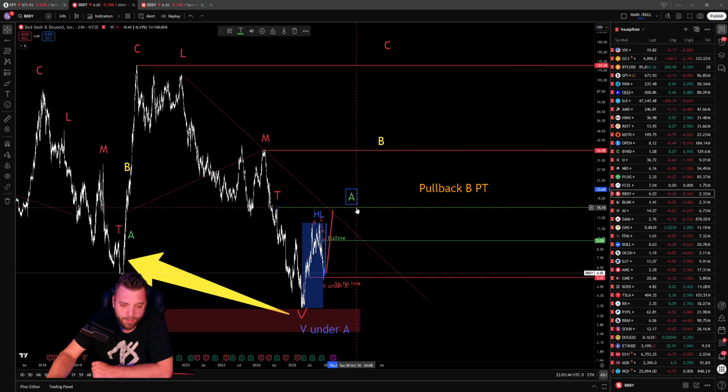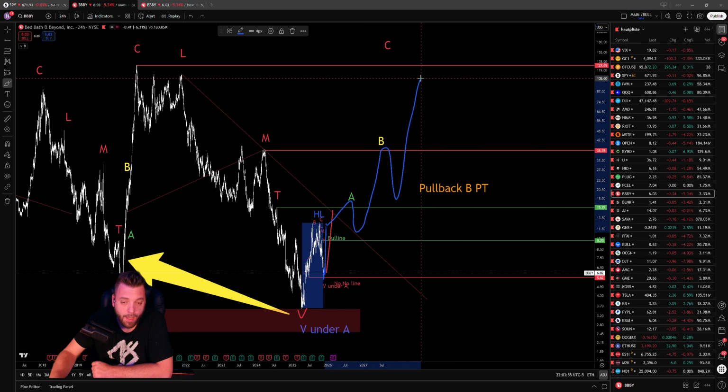No, your next target would be then 15. So you would come up here, 15, breakout retest, B pullback, C.